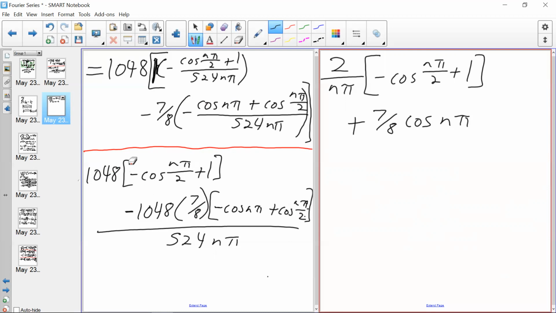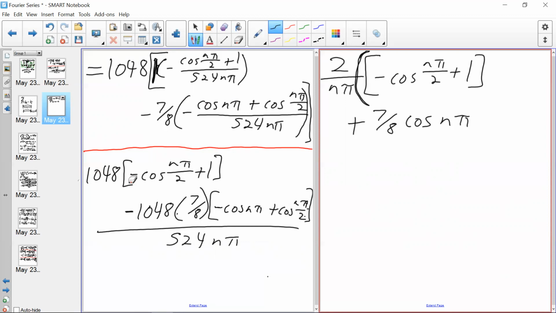Remember, 1048 divided by 524, 2 over n pi times this, 1048 over 524, 2 over n pi times this. That's why it's been factored out as a huge bracket. So maybe I should just do this here to denote that this is a distribution. The 2 over n pi has been factored out.